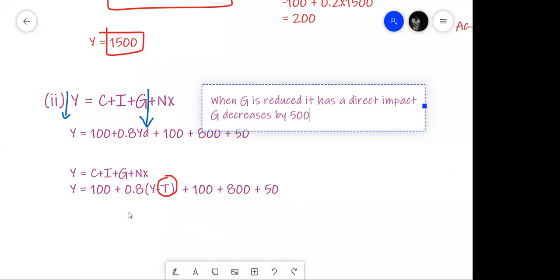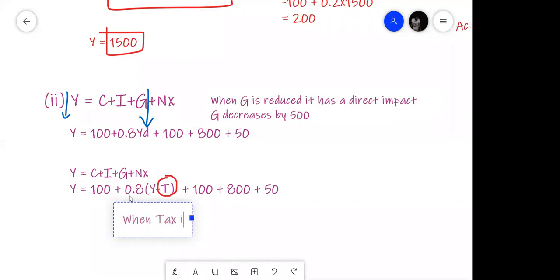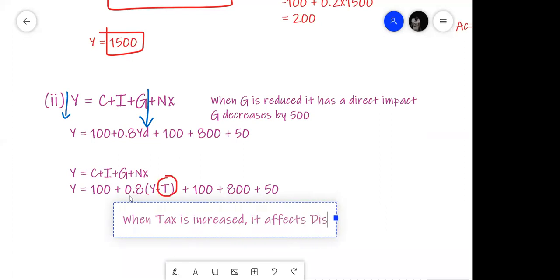But when you increase taxes, listen very carefully. When tax is increased, it doesn't affect consumption directly. Consumption is the component of aggregate expenditure. When tax is increased, it affects disposable income.